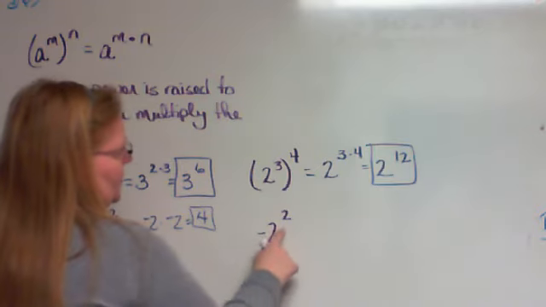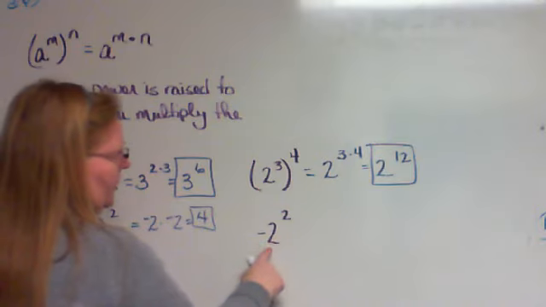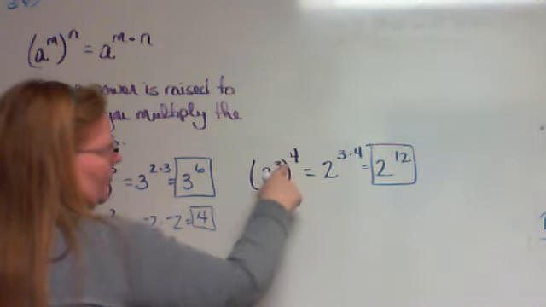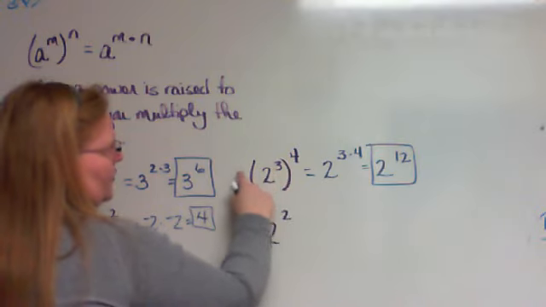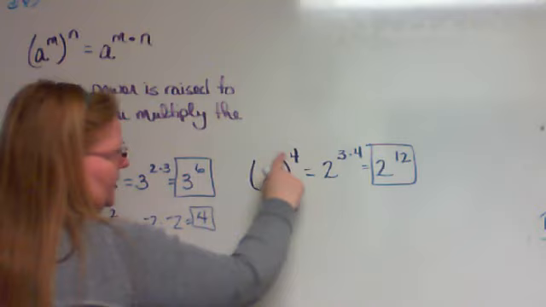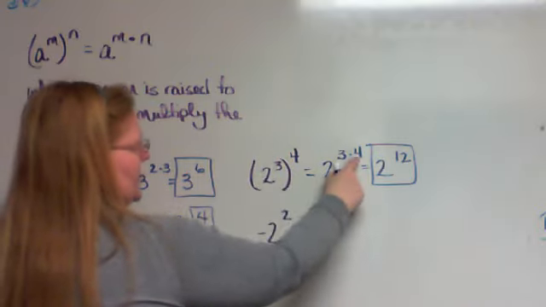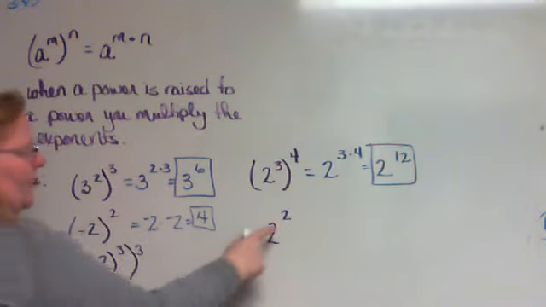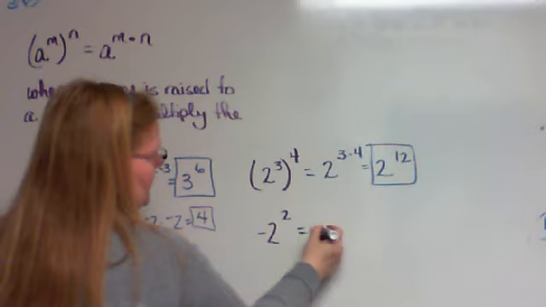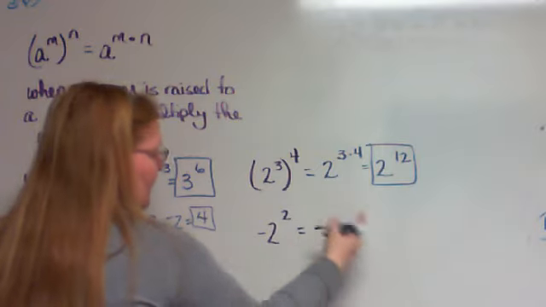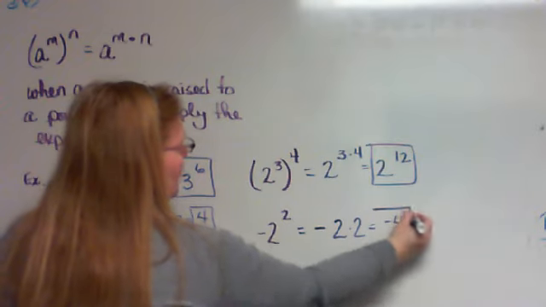Here, just the number is being squared because the square only applies to what is directly below it. Here, this 4 applies to what is directly below it. Since what's directly below it is this parentheses, it means everything in the parentheses is applied. So everything in the parentheses is what got that power. Here, the only thing that's directly below it is that 2. So technically, this looks like a negative, and then a 2 times 2, which gives you a negative 4.